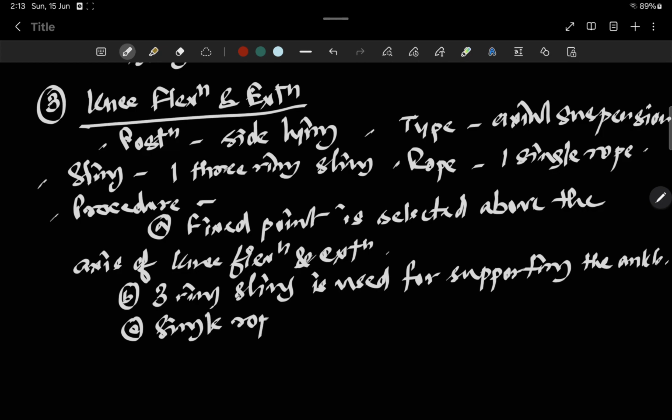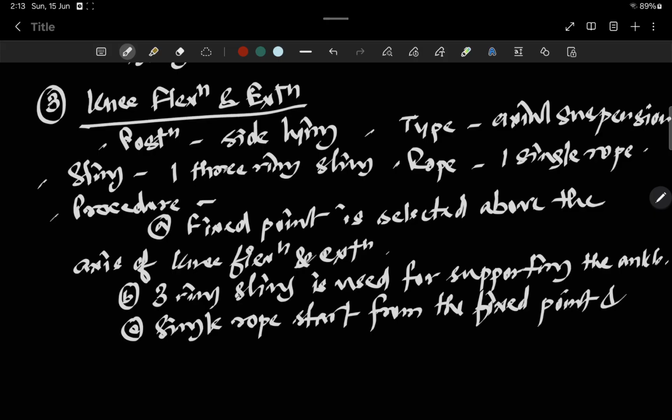Single rope starts from the fixed point and attaches to the three ring sling.